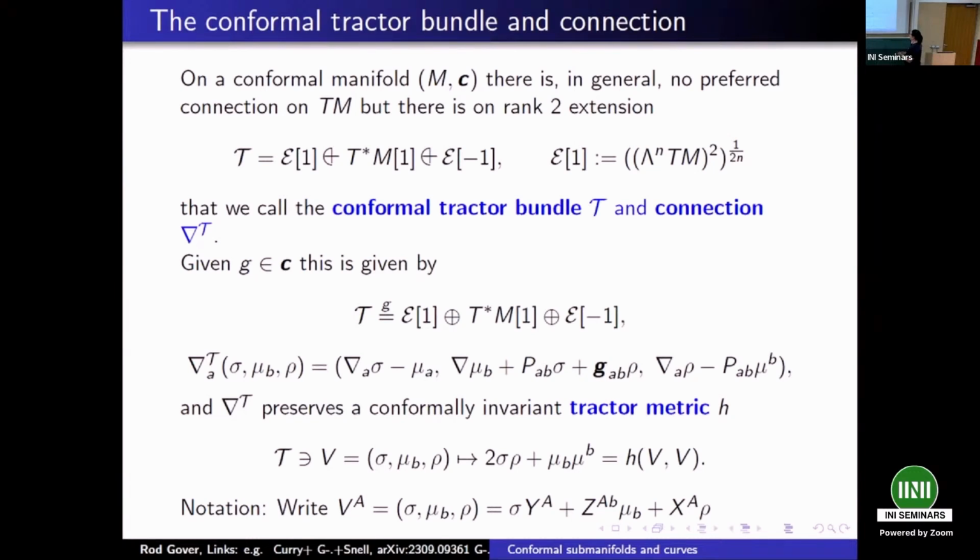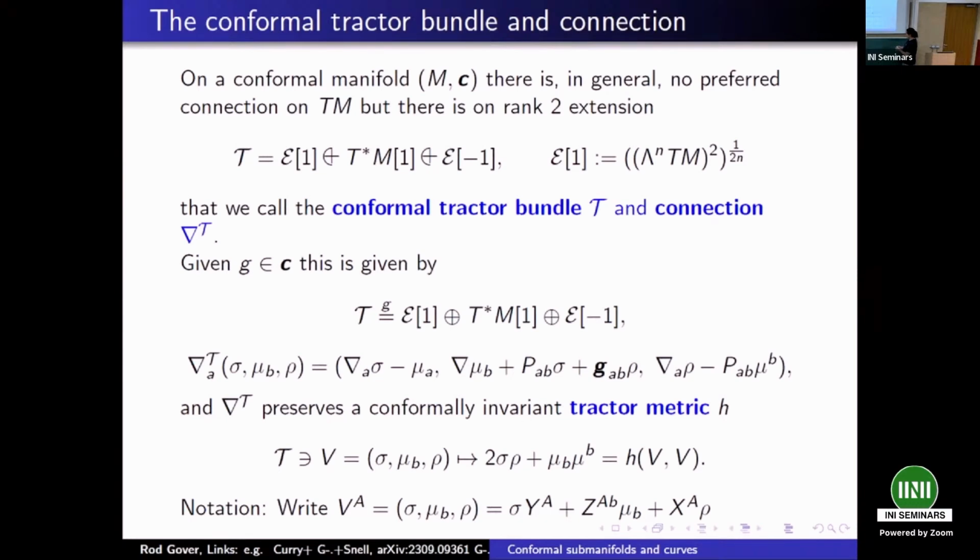Okay, so this thing gets called the conformal tractor bundle. And why it's important is that it has a conformally invariant connection on it. When you pick a metric from the conformal class, this bundle decomposes into a direct sum of these two line bundles with the cotangent bundle. Up here, this is a sort of improvised notation for a semi-direct sum, meaning that this bundle is a sub-bundle of the tractor bundle, and this bundle is a quotient of the bundle, and so on.